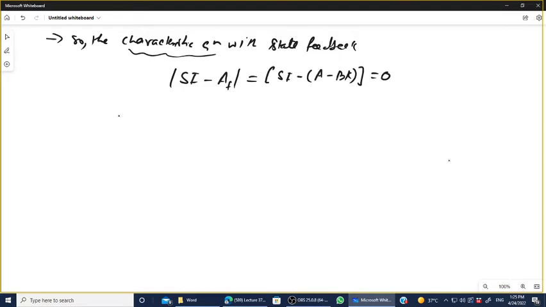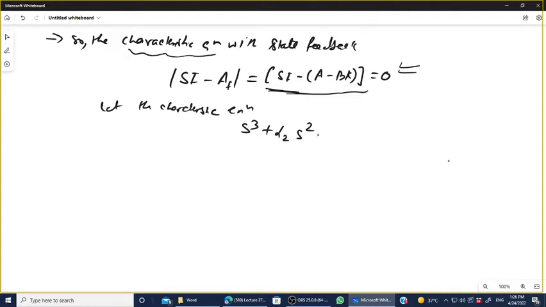Let us consider a third order system, so the final characteristic equation gives a third order polynomial. The form is, let's say, s cube plus alpha 2 s square plus alpha 1 s plus alpha naught equal to 0.